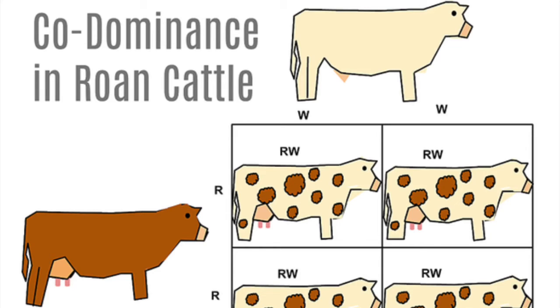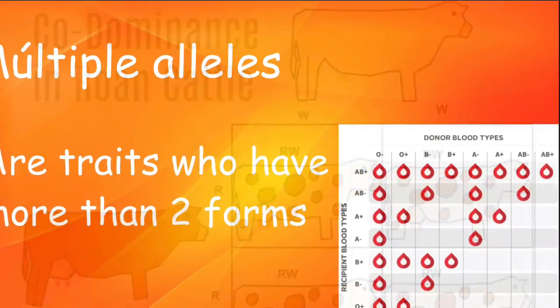For example, we have a red rose and a white rose, and when they combine there will be a pink rose, but they will show neither the red nor the white. But in codominance, the offspring phenotype will show both colors, both alleles, and that's the main difference.